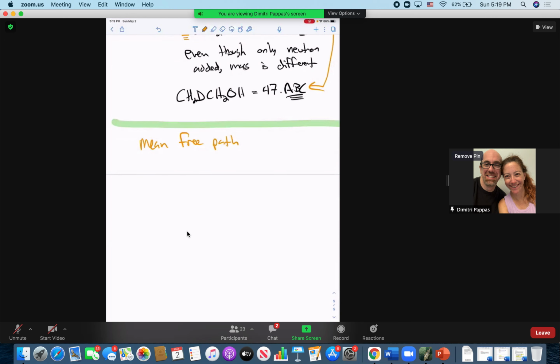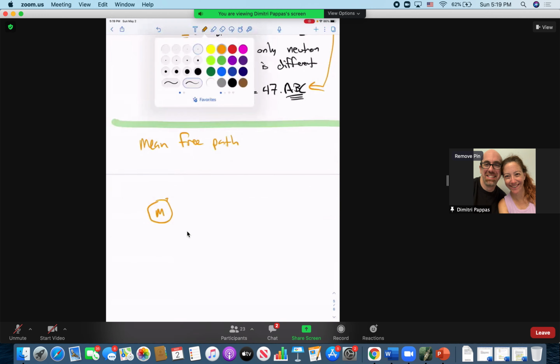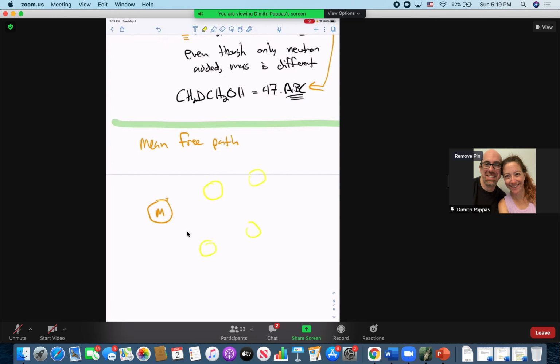So I'm going to start with my analyte molecule. In yellow, I don't think it shows up yellow or not for y'all. These are other gas molecules or atoms.